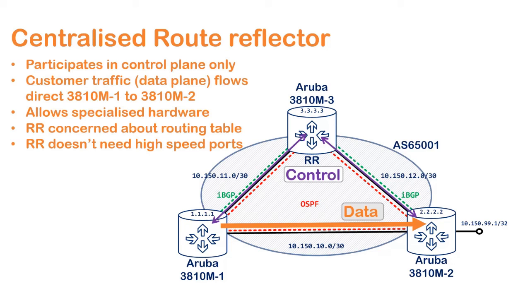That has important implications when you're thinking about your network design and what devices you can use in your data plane and what devices you can use for your route reflector. And there are even cases of network designs where the route reflector can just be a virtual router, such as the HPE VSR running on a server, rather than dedicated networking equipment.